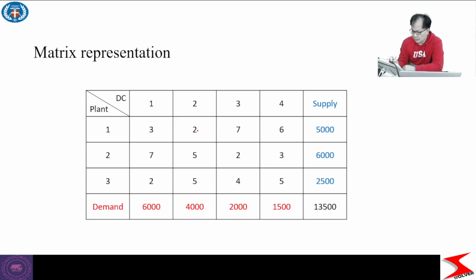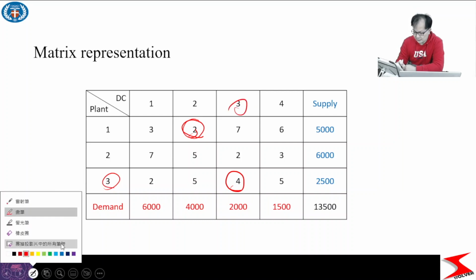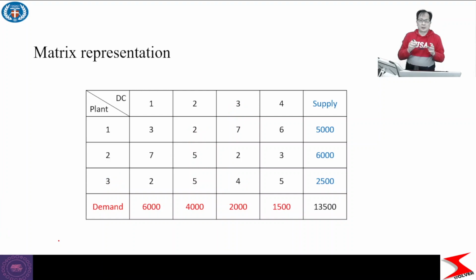For example, this number means the unit cost from plant 1 shipped to the DC, and this number is the unit cost from plant 3 to DC 3, right? So now we try to put the decision variables into the cells.